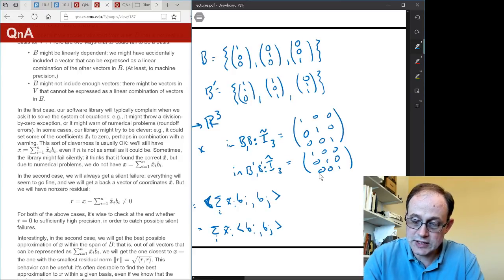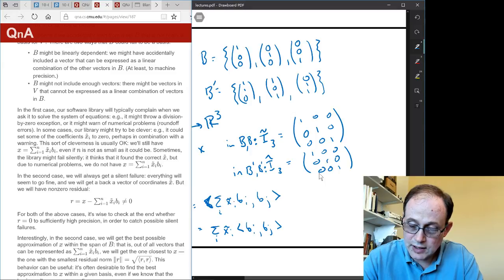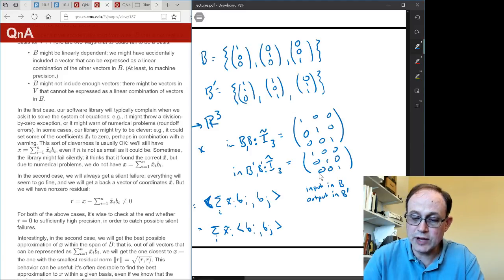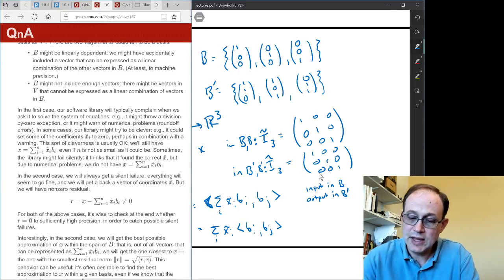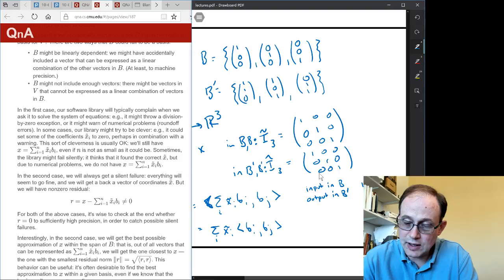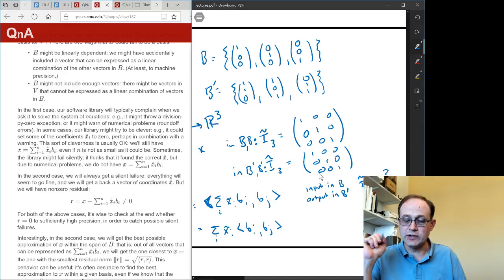A more interesting example would be if we represent the input in B and the output in B prime. We don't actually have to use the same basis for the input and the output. In that case, I3 tilde is a matrix which is not equal to the identity matrix.